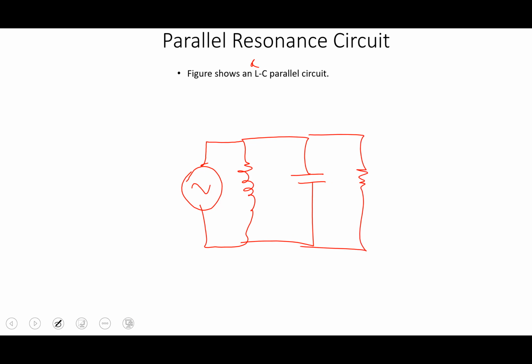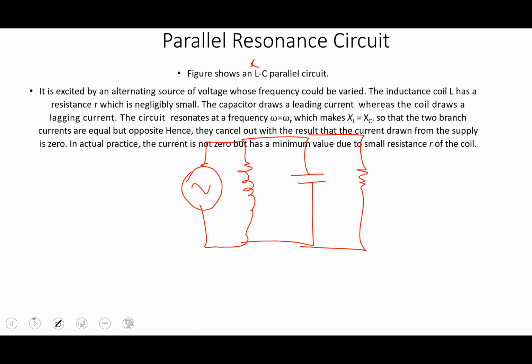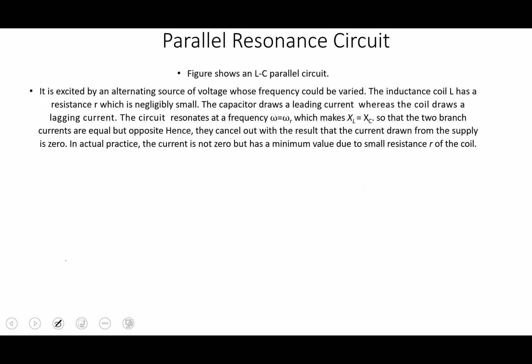Now this is a parallel resonance circuit. In the same way, it is excited by an alternating source voltage whose frequency would vary. The inductance coil L has a resistance R, which is negligibly small. The capacitor draws the leading current, whereas the coil draws the lagging current.